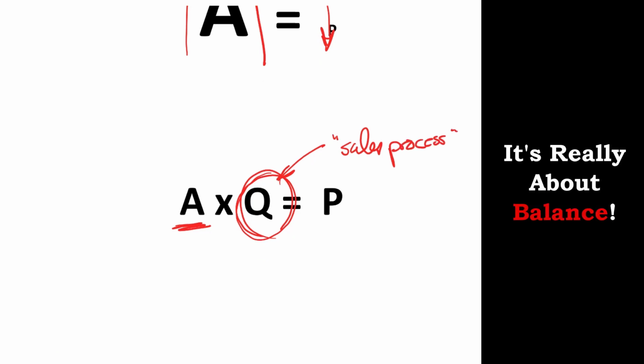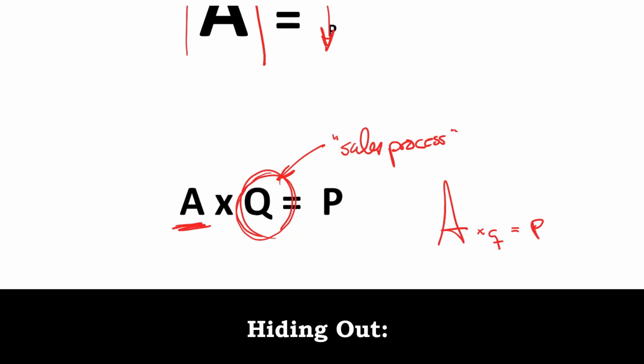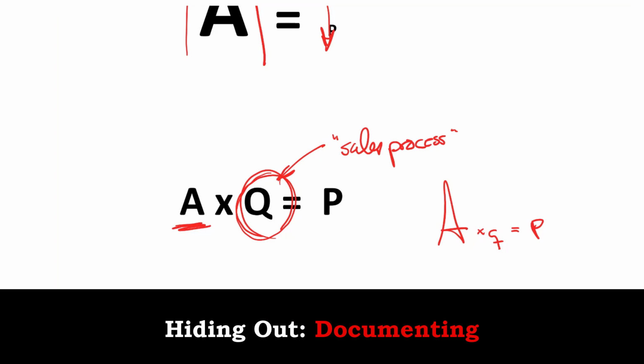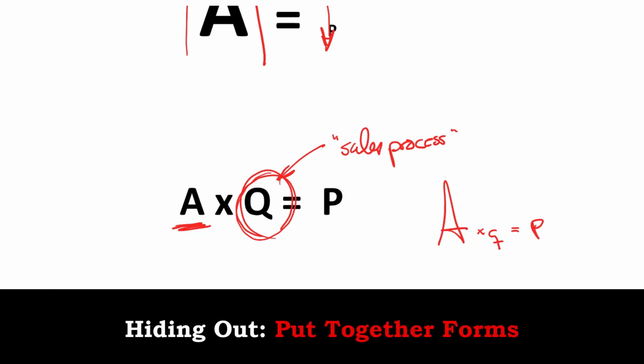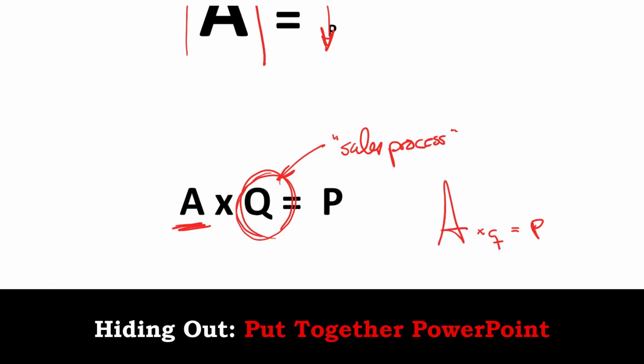Now, like everything else in life, it's really about balance. We've talked about very high A, little q gives you not a big lever on productivity, but the flip side of that is people hiding out in the process, where they are following the process and documenting and have even put together either their own forms or spreadsheets, in PowerPoint or Visio or whatever they've been working on for weeks.